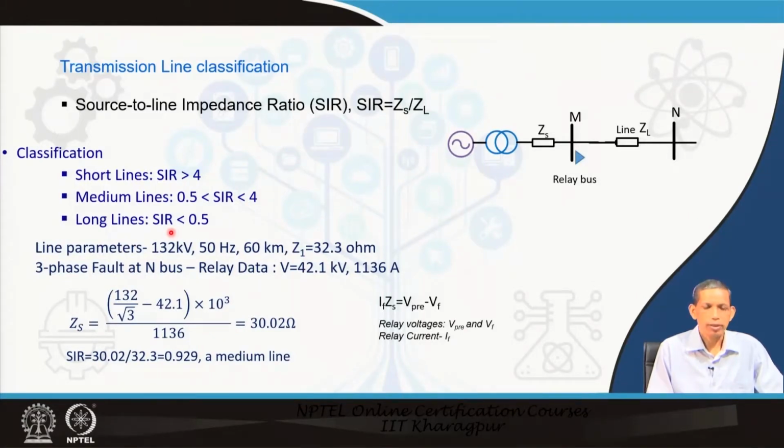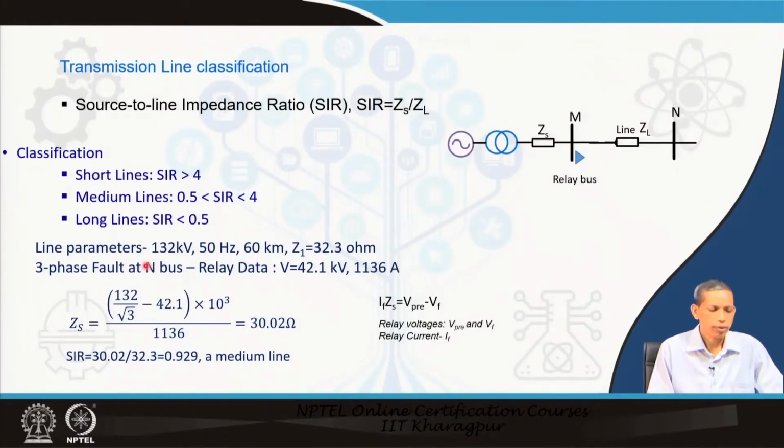So, in a long line the line impedance becomes much more than the source side impedance, but in a short line of a few kilometers, the line impedance may be much lower than the source impedance, as in the equivalent system we see in the single line diagram.